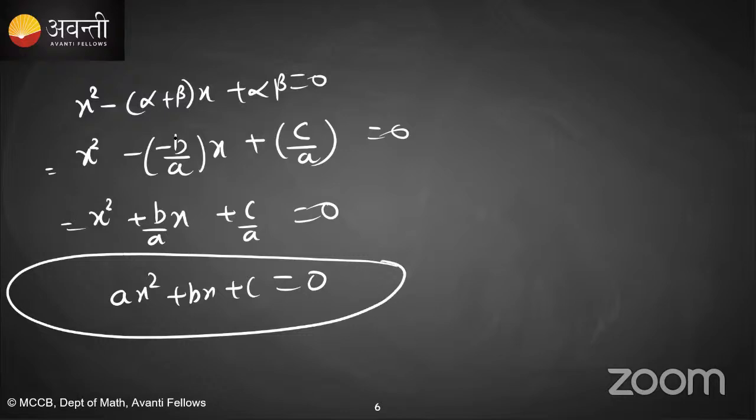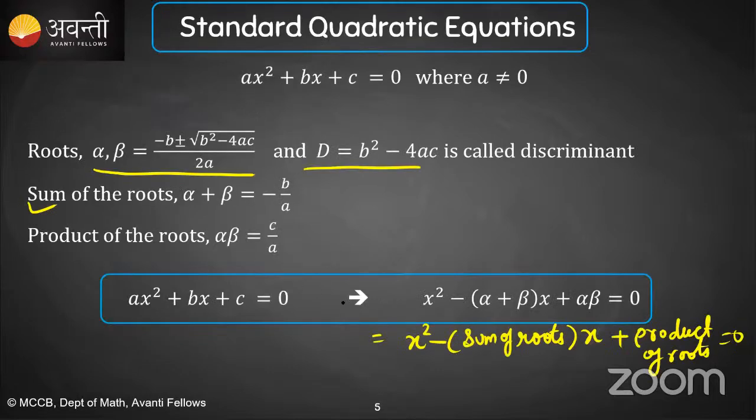Finally, so it means any quadratic equation ax square plus bx plus c is equal to 0 can be written as x square minus sum of roots into x plus product of root. Remember, the coefficient of x square here is 1. Is this clear?